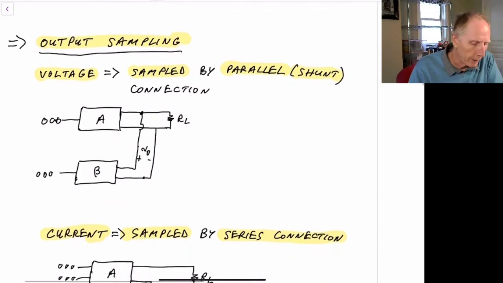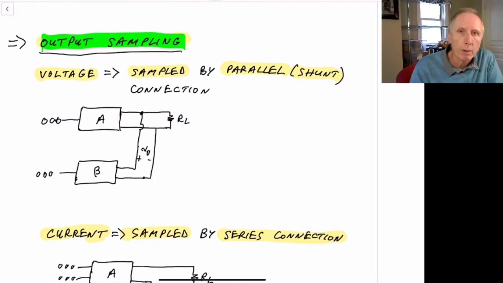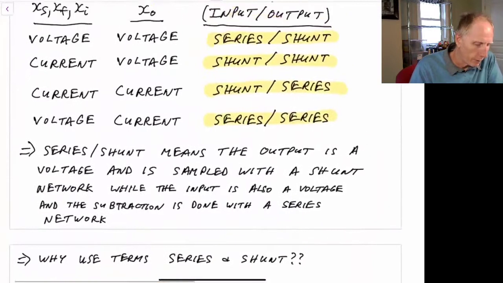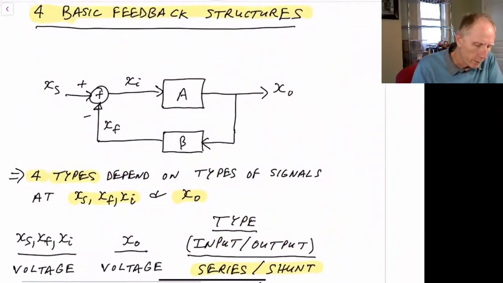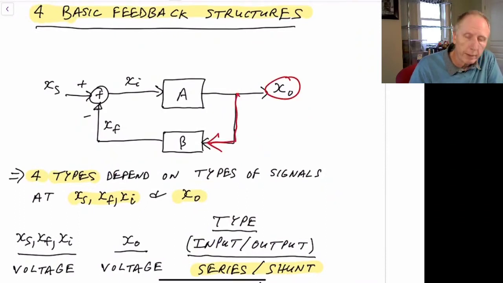Now in terms of sampling, this was looking at the input mixing, how we mix our feedback together with the input. But we also need to look at how we can sample our output, because we want to use that to go into the beta network. In other words, if we look at the original circuit here, we need to somehow sample X sub naught here and then pull this into our beta circuit.